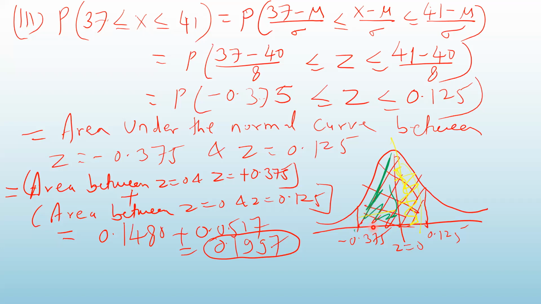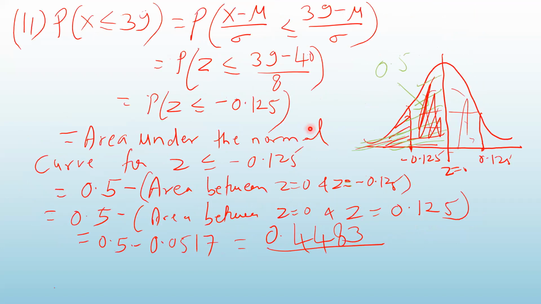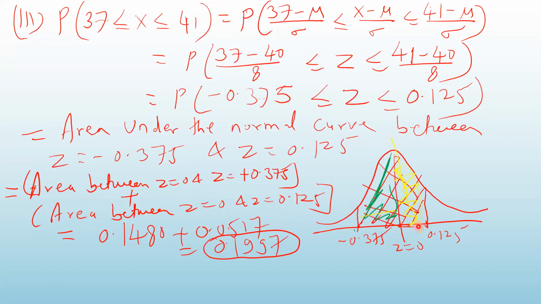The area between 0 and minus 0.375 will be the same as the area between 0 and plus 0.375 because of the symmetry. The same thing we did in the previous problem. And this area will be given to you: between 0 and 0.375 it is 0.1480 and between 0 and 0.125 it is 0.0517. Add them, you will get the answer.